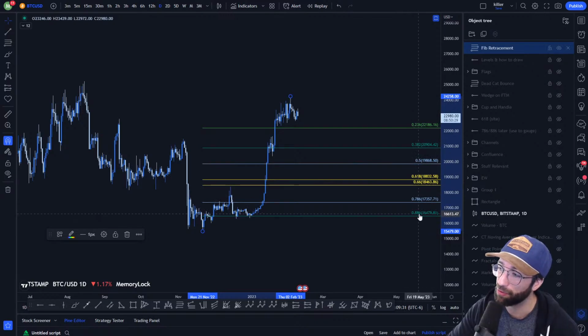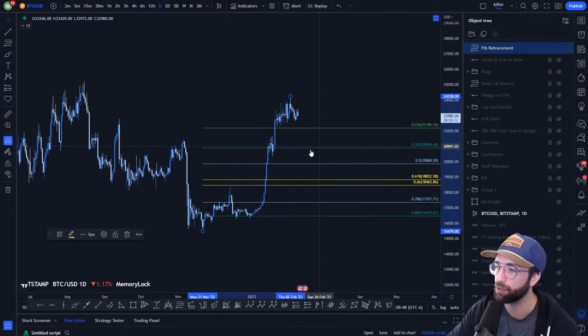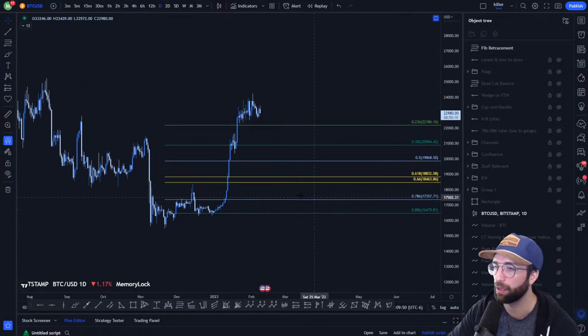Not a lot of people use the 0.886 or the 0.66. These are levels that we'll talk about later in the stream. Ultimately, the 0.66 and the 0.618 create a zone rather than just one specific level, which I like.